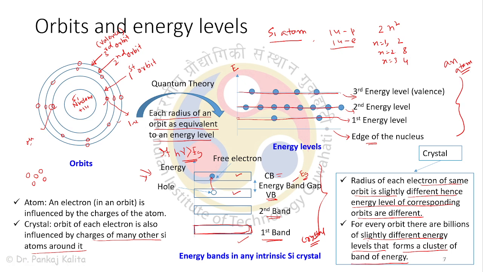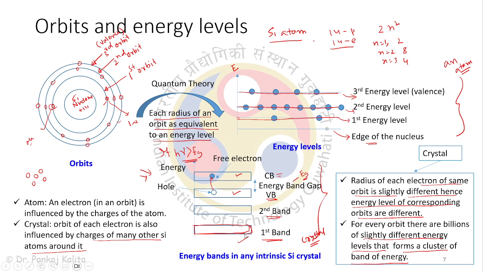It's not like we have a single energy level; basically it's a band of energy levels, because of the various numbers and sizes of electrons in each orbit.